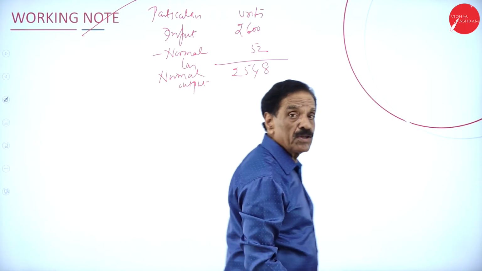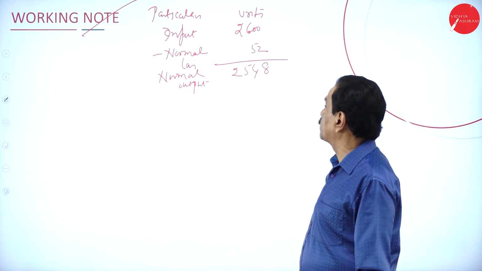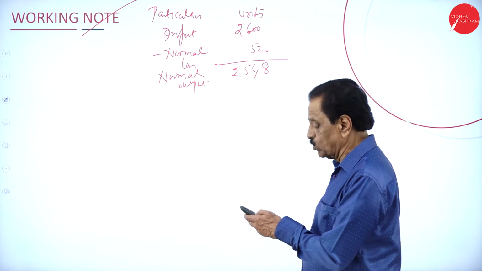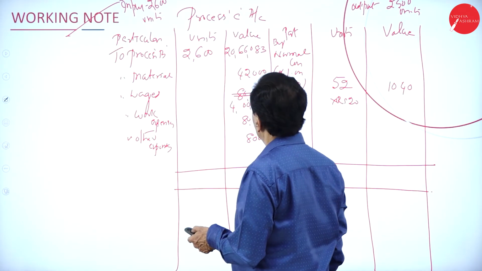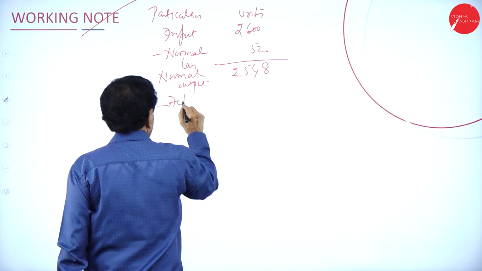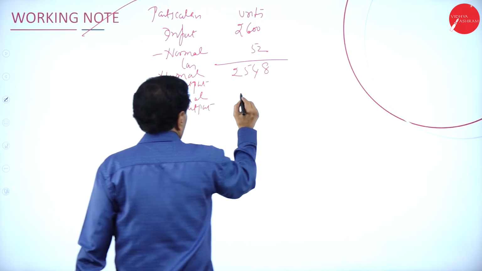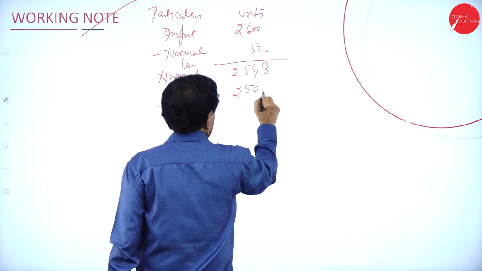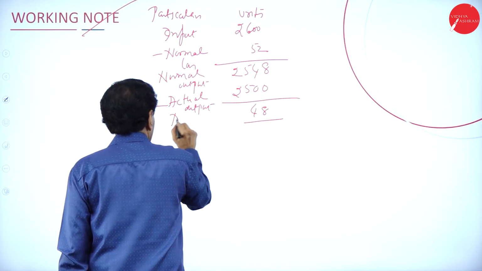You introduce how many units? 2600 units minus normal loss is 52. So actual output should be 2548. But 2500 is the actual output. So there is a difference of 48. Abnormal loss.